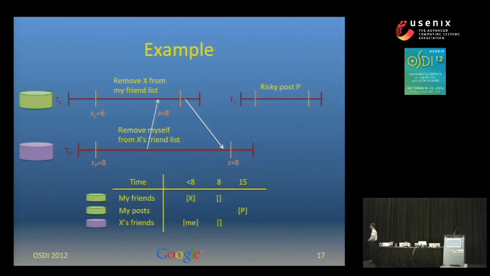And the write actually happens at 8. So we see in the bottom chart at the timestamp 8 is when the removal of X as my friend happens. And then let's say transaction 2 happens, and again, let's say it chooses timestamp 15 through the algorithm I described earlier. Well, then the post shows up at time 15.